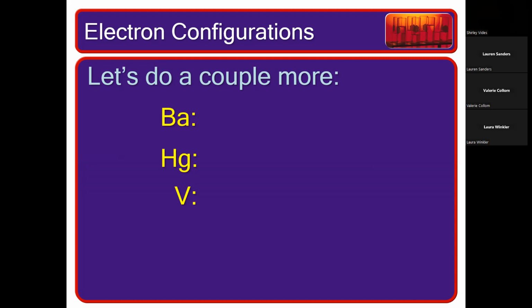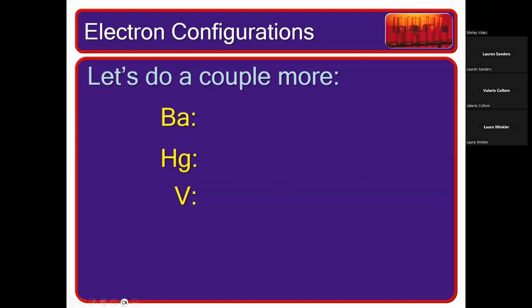What do you see? Which element is that? So remember, locate barium, which is element 56. Go up one row, go all the way to the end, to the noble gas. Which one is that?